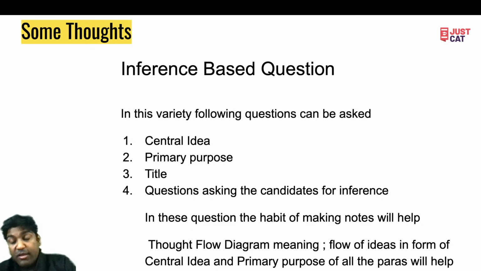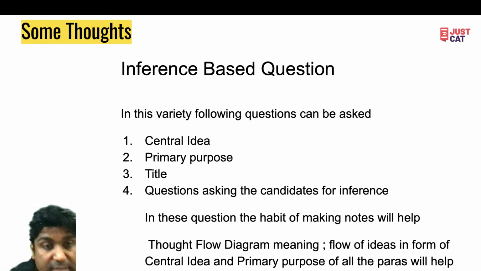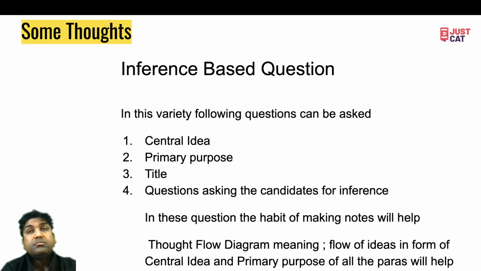Say the author is talking about, the central idea is to convey that certain tribes in the remotest areas of Chhattisgarh are facing some problems with respect to the administration at the local level.